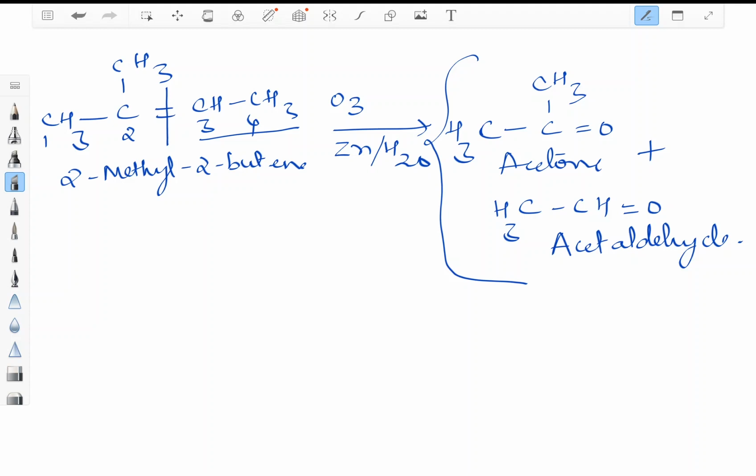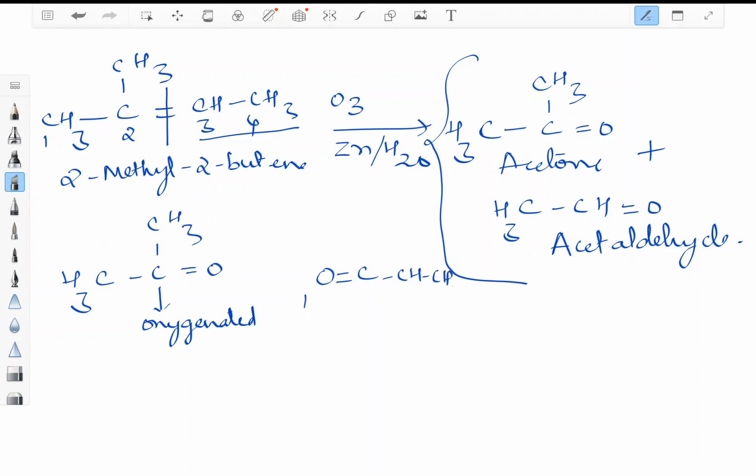That is CH3 C. This is the oxygenated carbon. C double bond O, CH CH3. I can write it in this way also. This is also an oxygenated carbon.